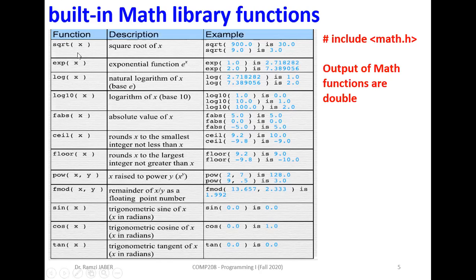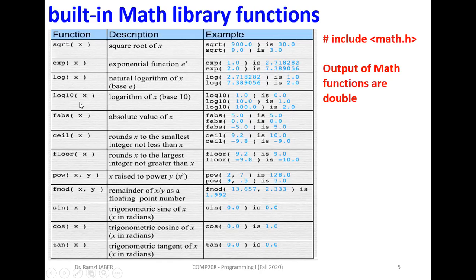But when you want to use these math built-in functions, you must include math.h. After include standard input output.h, you write another library import, hash include math.h, to use these built-in functions or others.